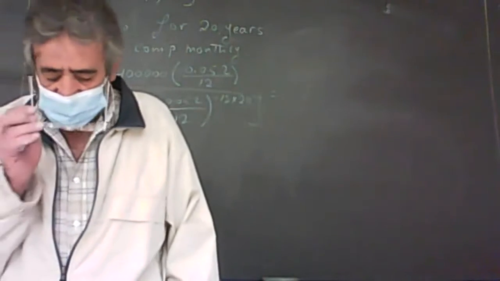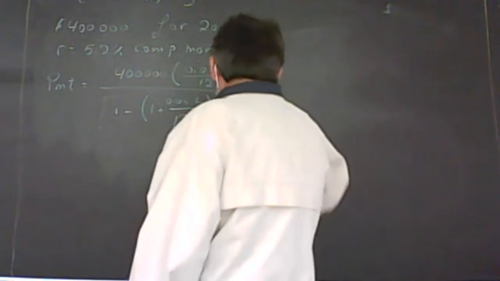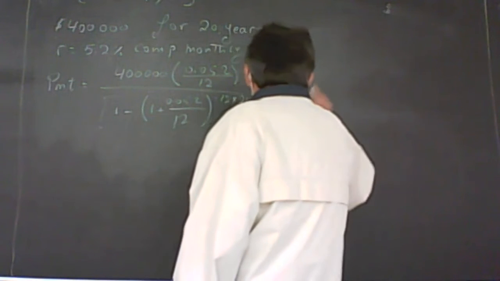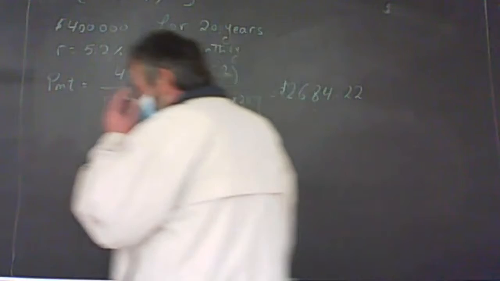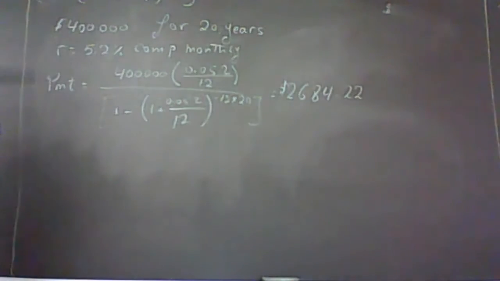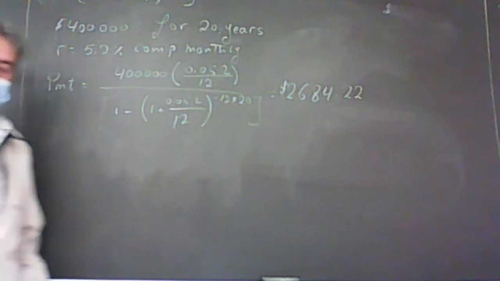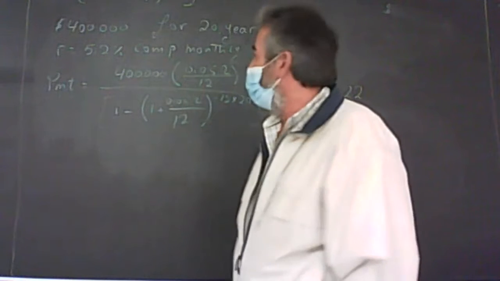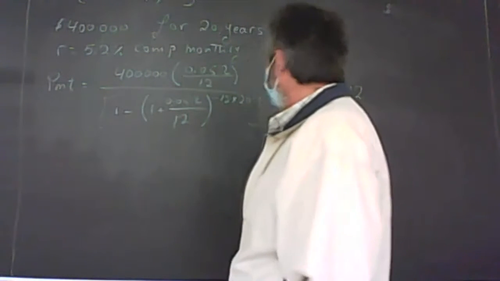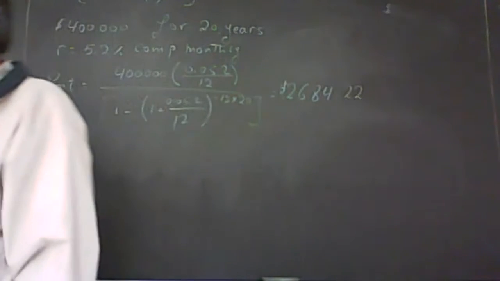So those $400,000 are going to guarantee him an amount of $2,684.22. So even if he invested that much money, right? So therefore, he will have that much. He will be collecting that much every month for the next 20 years. Okay.